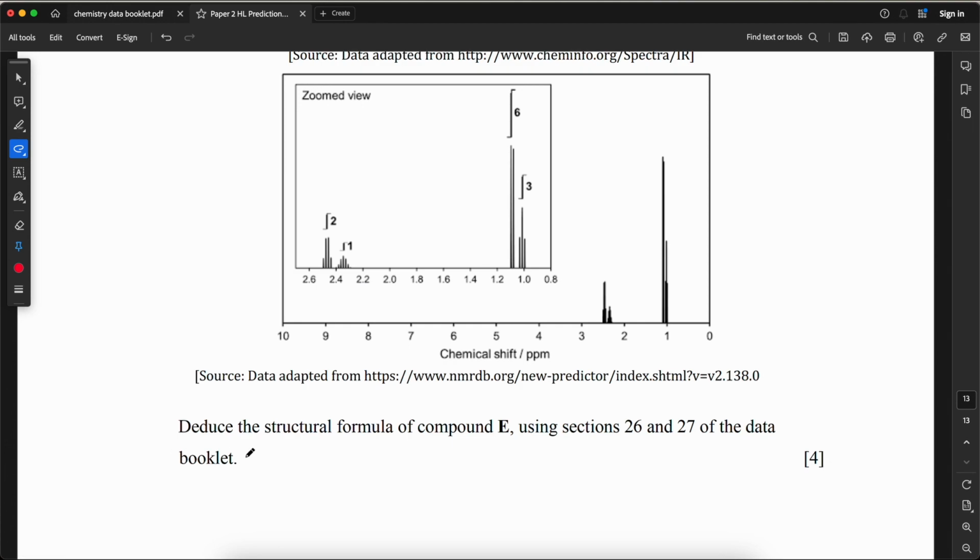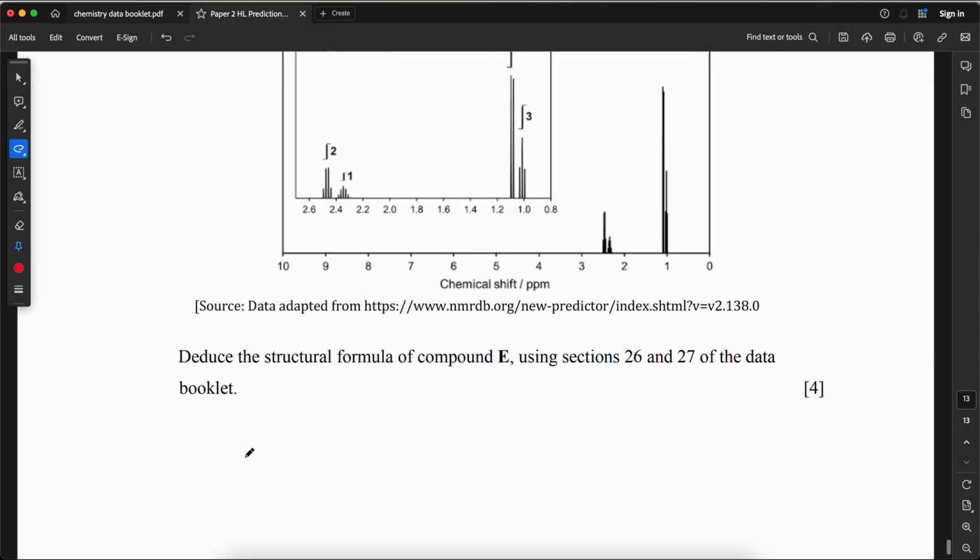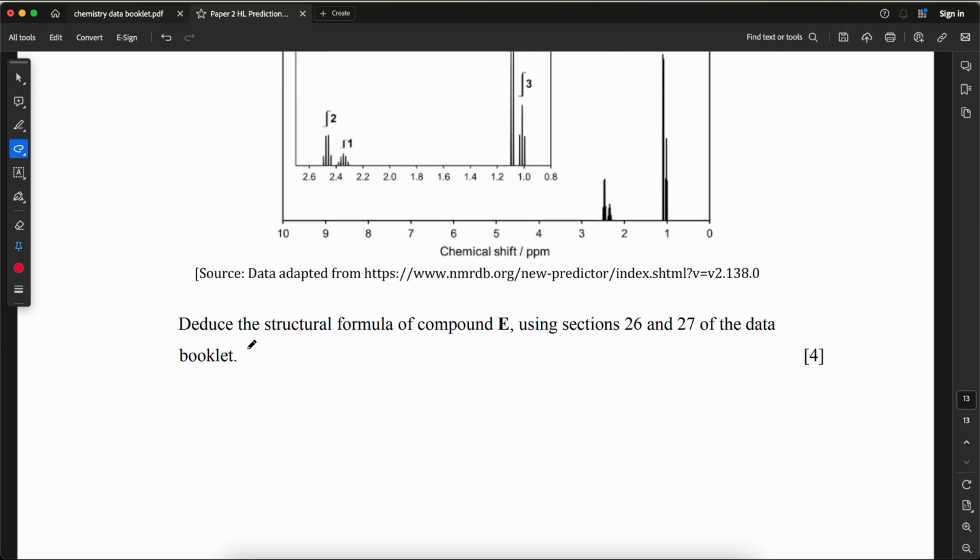The question is, deduce the structural formula of compound E using sections 26 and 27 of the data booklet. First, the IR signal at 1700 to 1750 cm⁻¹ shows C=O is present.